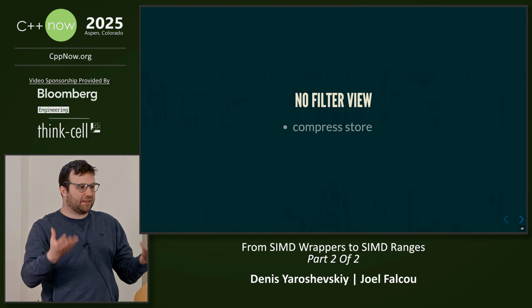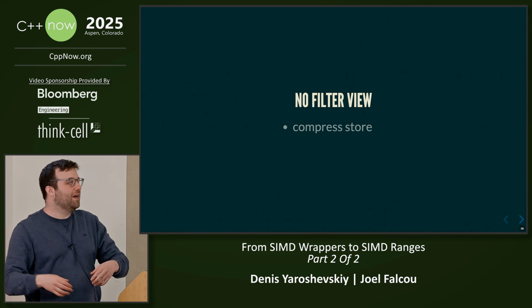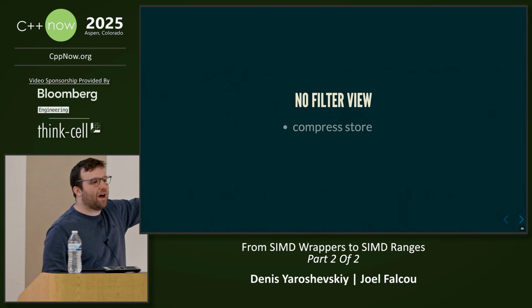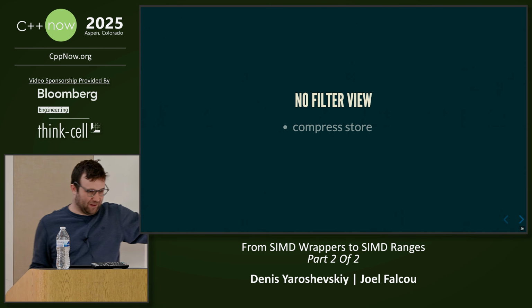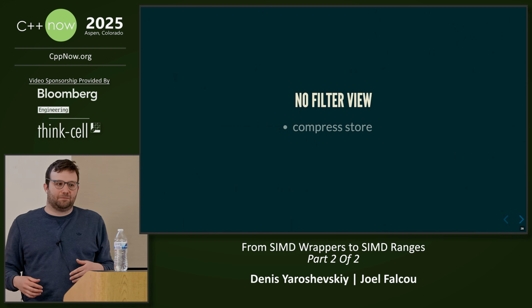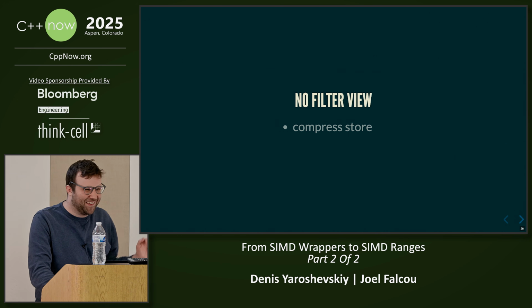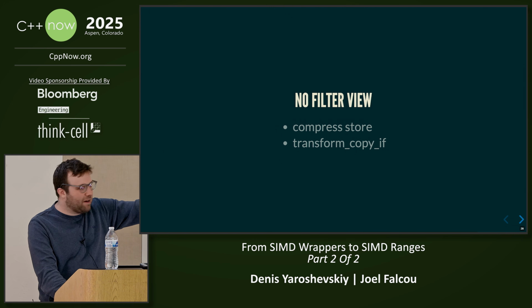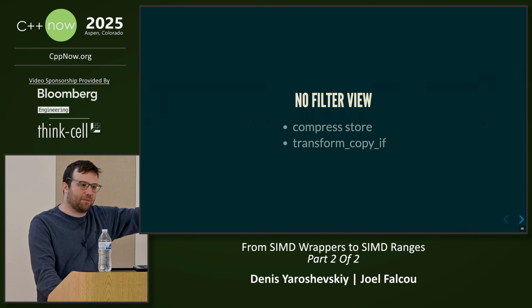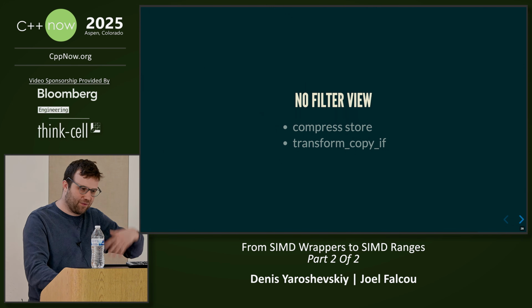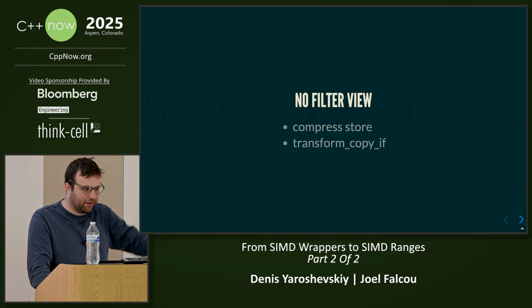It is just a tag type. Okay, this is my filter view, and the algorithm is supposed to figure out what to actually do with this filtering. We believe in actual code, so we don't do those. So you have algorithms like transform and copy_if that mix filtering and transformations, because there is no filter view.